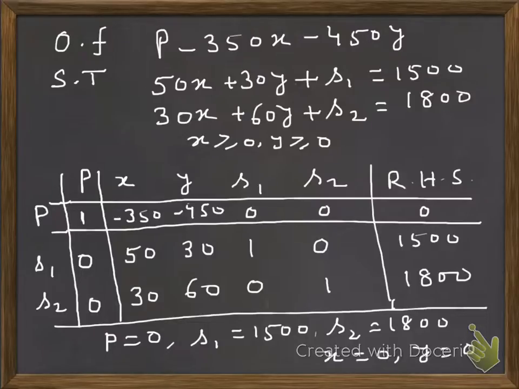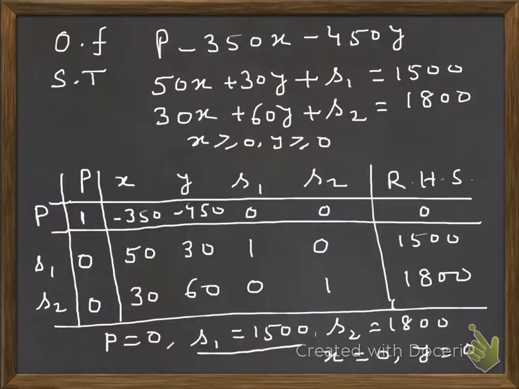Same way the quantity of raw material 2 unutilized is given by S2. So at this stage S1 is equal to 1500, that is entire raw material 1 has not been utilized, and same way S2 is equal to 1800, entire raw material 2 has not been utilized. Profit is equal to 0.